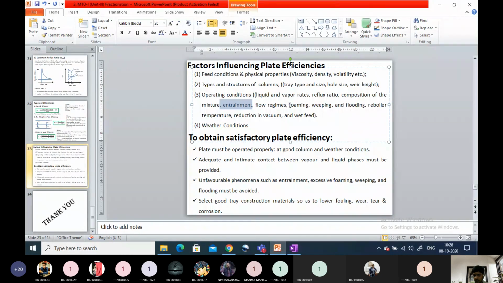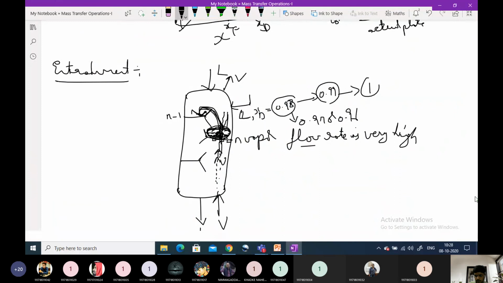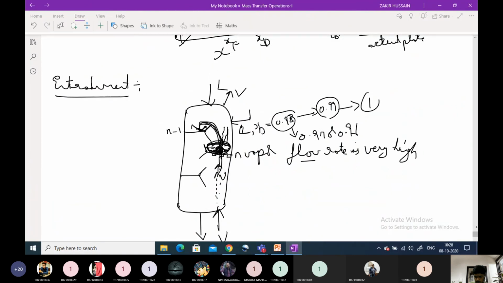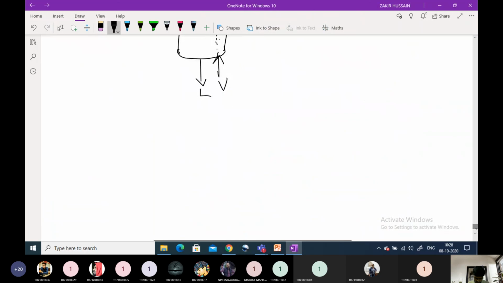The next one is foaming. What is foaming? Foaming is nothing but just expansion of the liquid.